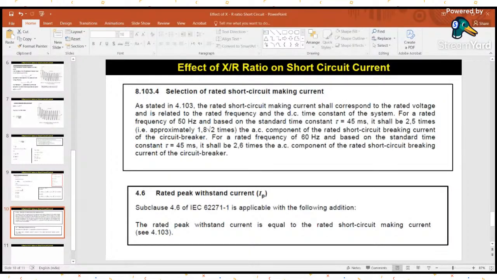Now, how does this affect our circuit breaker selection? Has anyone an idea about this? You can see if our tau is different, I have shown you in this slide.